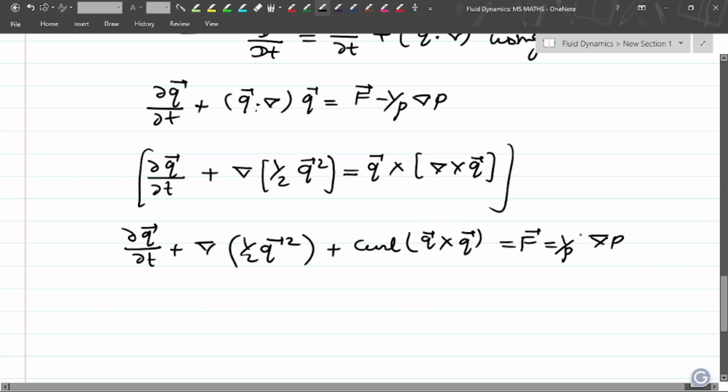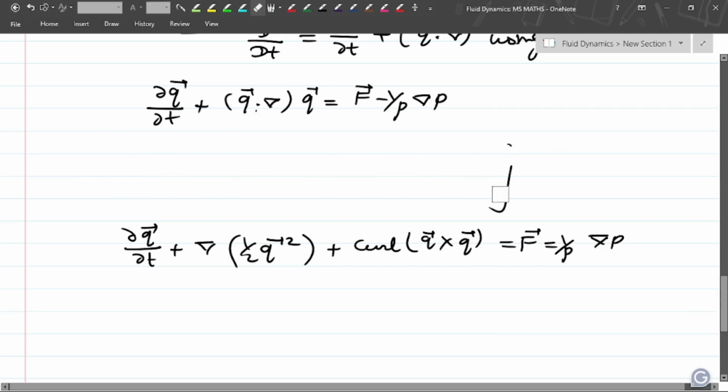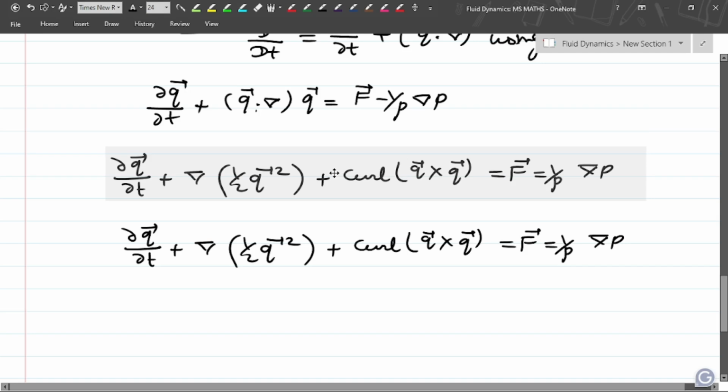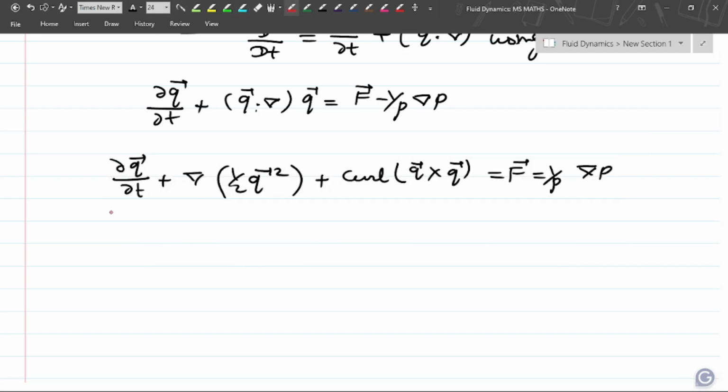So basically here we are using this as a result. Let me check it: dou by dou t plus this 1 by 2 q vector square minus this. Basically we are going to replace this thing, 1 by 2 del of q dot q. On solving this equation we'll get this, by using the result.